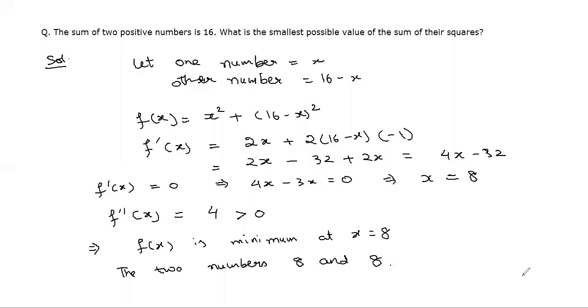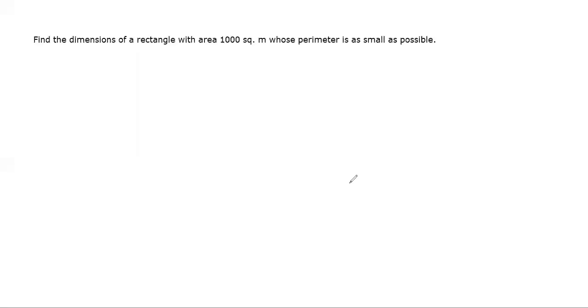Let's discuss one more problem. The question is finding the dimensions of a rectangle with a given area of 1000 square meters and whose perimeter is as small as possible. So to find the perimeter, we need the length and breadth of the rectangle. Let the length of this rectangle be x.